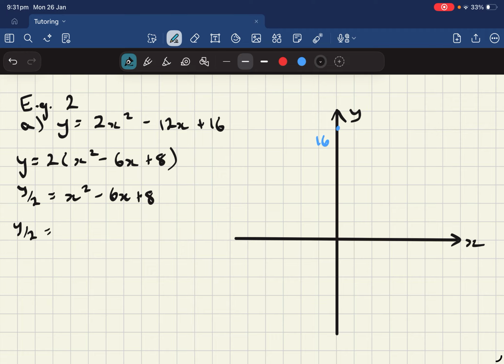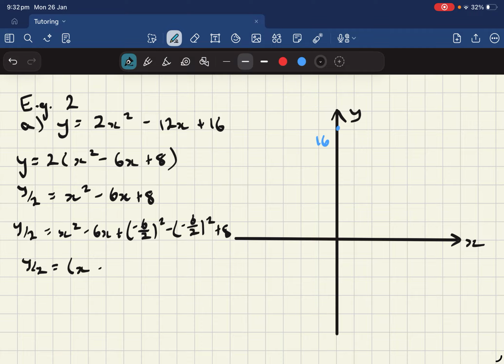Now, we're going to complete the square on the right-hand side. x squared minus 6x plus minus 6 on 2 squared, minus minus 6 on 2 squared, plus 8. And this will simplify down to y over 2 equals, this will be 9.